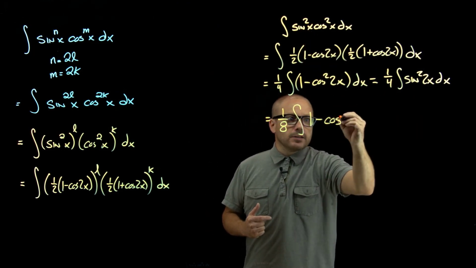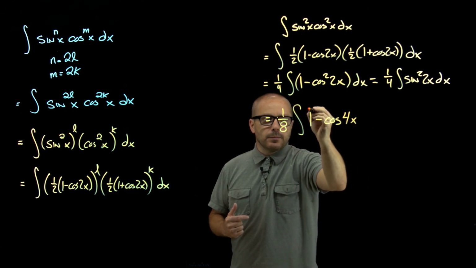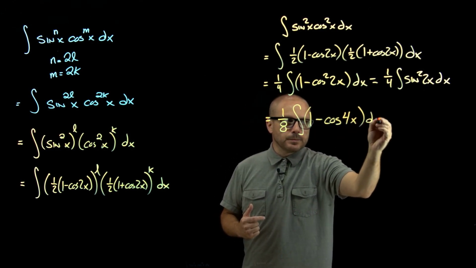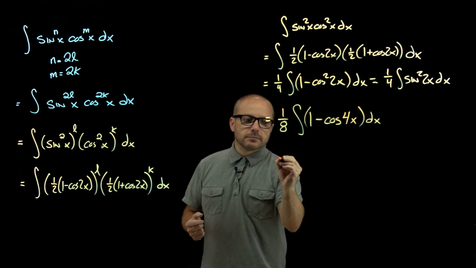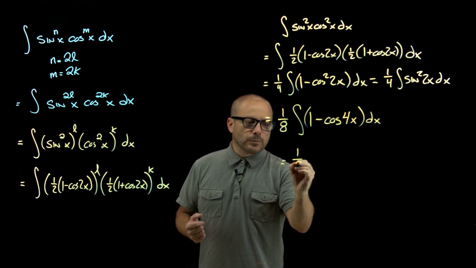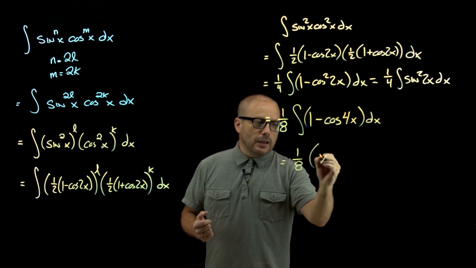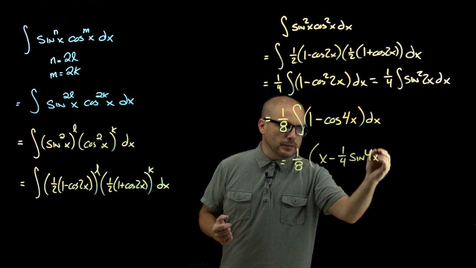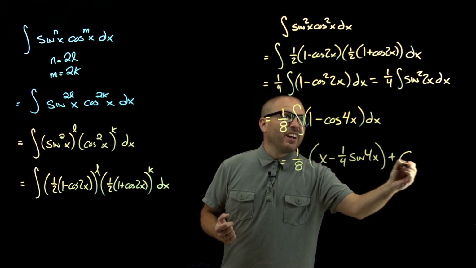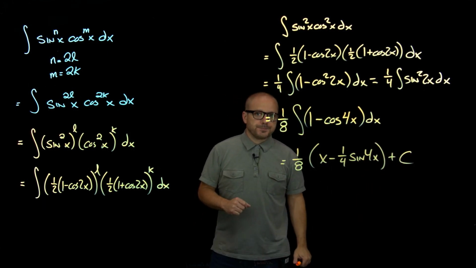So since it's already 2x, that's going to double and become 4x. And now we can integrate that. x minus 1/4 sine 4x plus our constant.